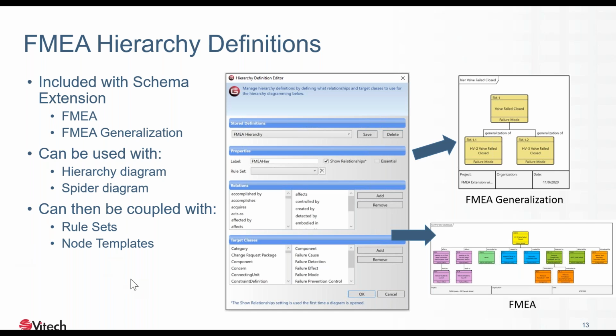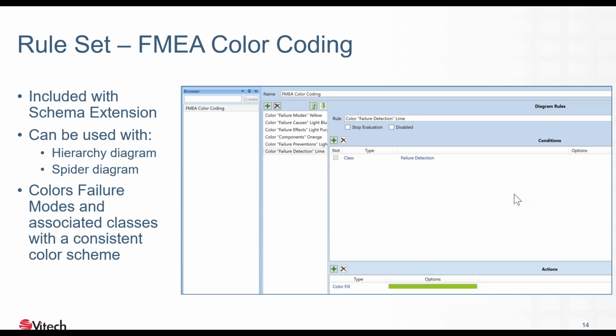So those are already set up for you, and you can apply those to either of those diagram types. These can then be coupled with the new GENESYS 2020 R2 concept of rule sets, and they can also be combined with node templates, so that you can further enrich the visual information displayed on your diagrams. There's one new rule set that's also included, and you can use this as a template for further specialization for your needs.